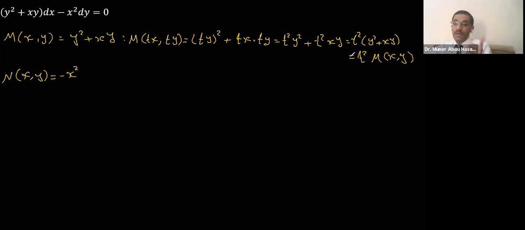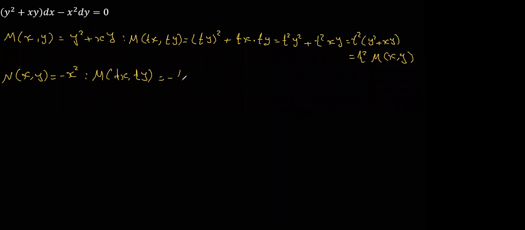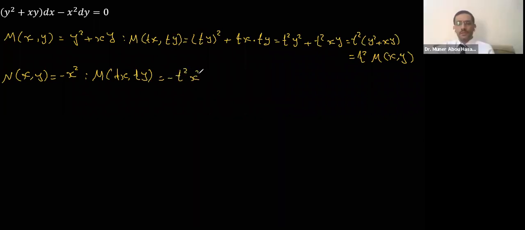If my N is also homogeneous of the same degree, then my differential equation is homogeneous of degree 2, and I can solve it using this substitution. So let me now also find N(tx, ty). Yes, negative t squared x squared.